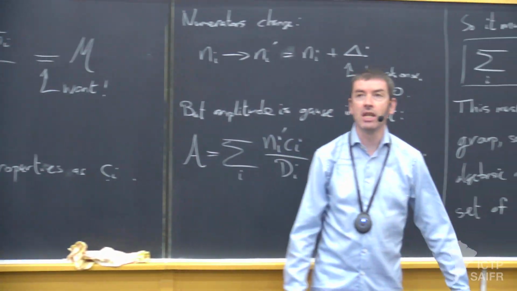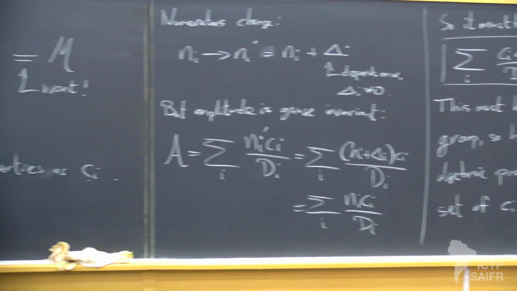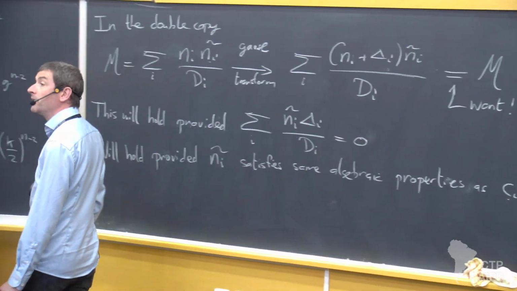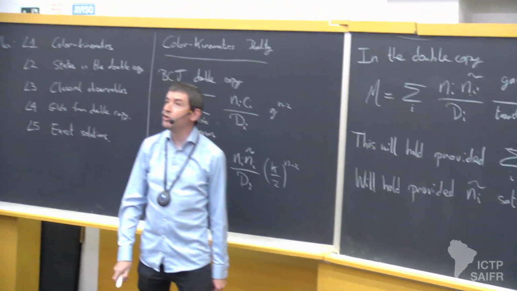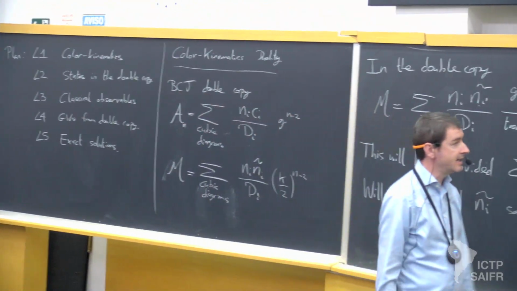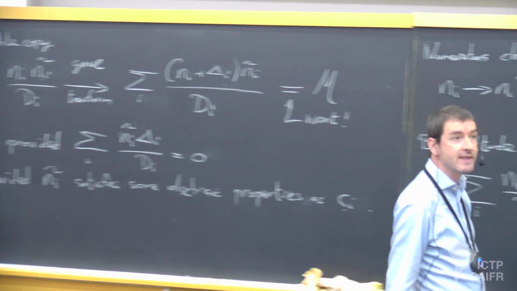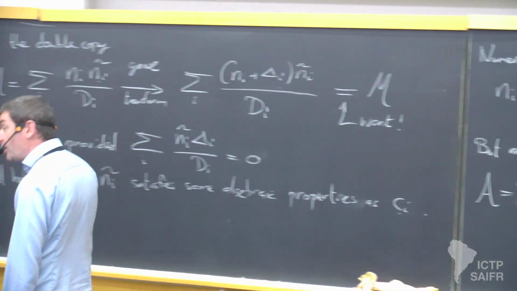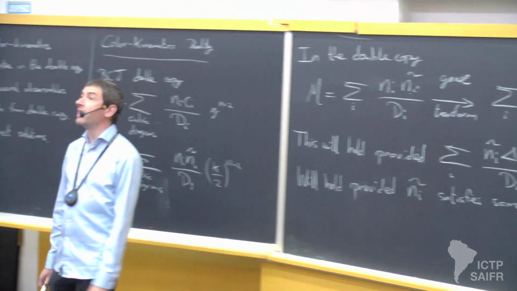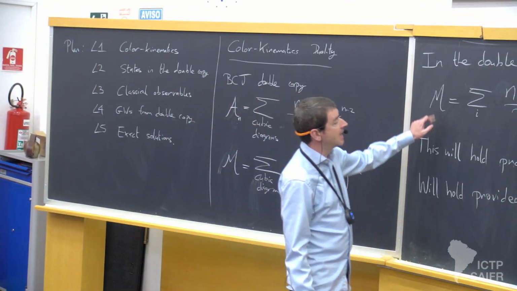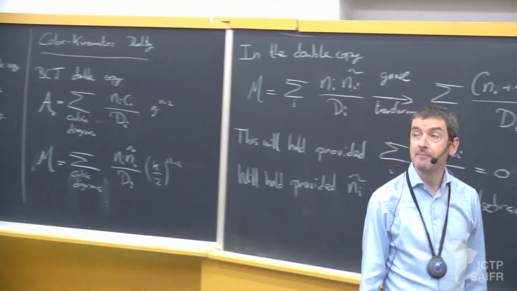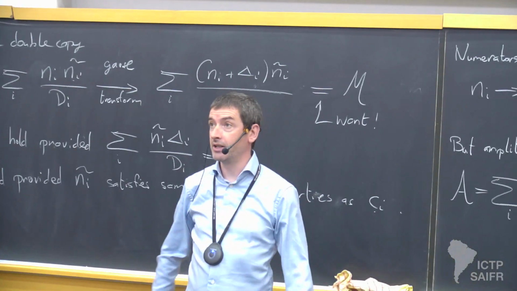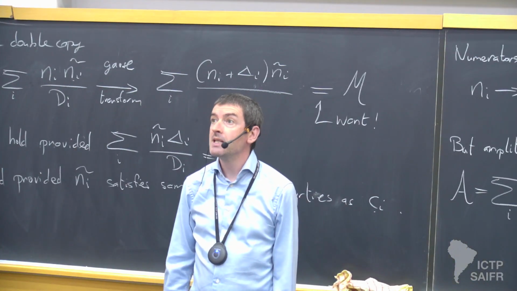So the question there is that there's a statement that if you want the double copy to work, only one of the numerators needs to satisfy these Jacobi relations. The other set doesn't need to satisfy them. Now the logic there is, suppose you start with an amplitude in gravity, and both sets do satisfy color-kinematics duality.